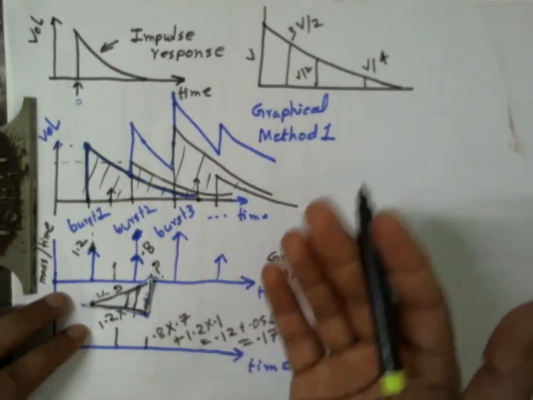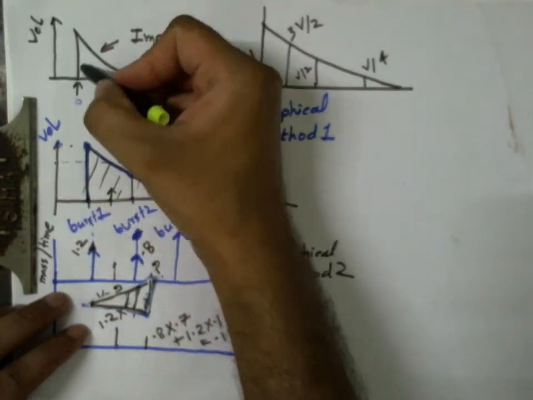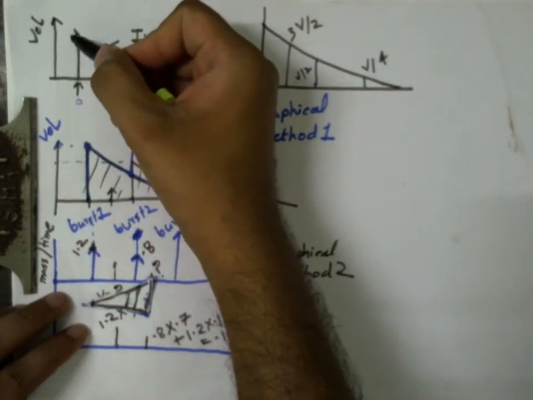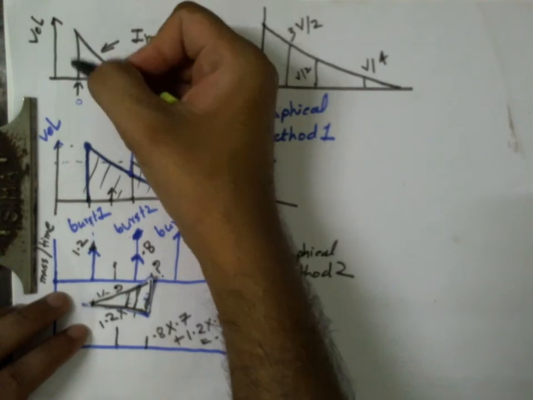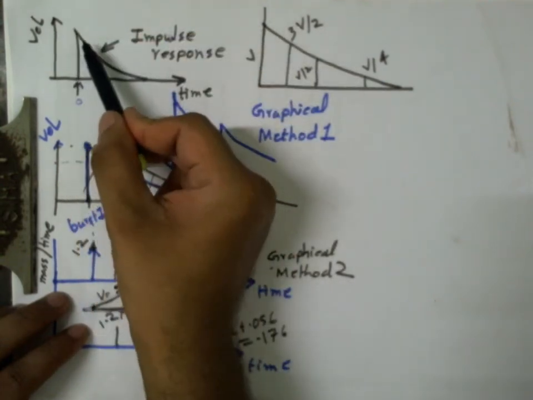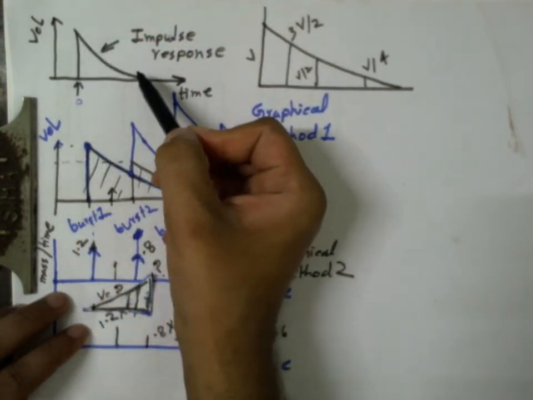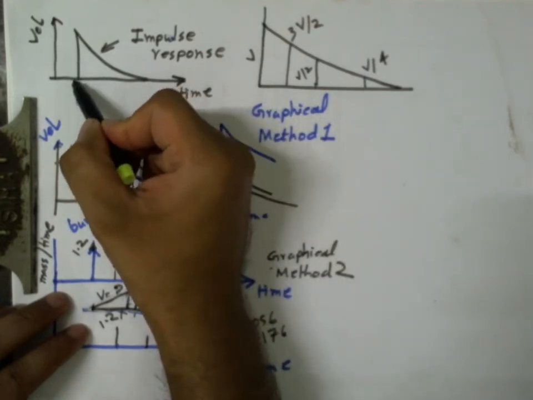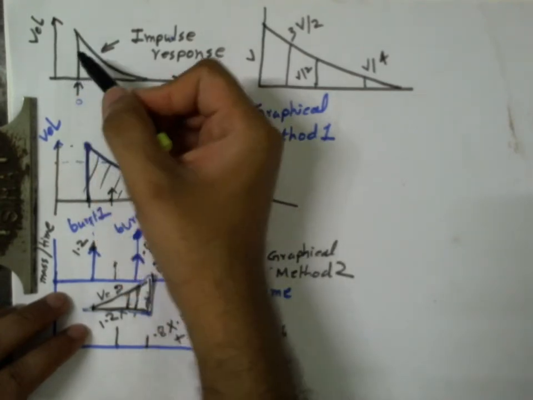The effect must occur after the cause, and here the cause is the ignition of the rocket or the burst of the engine, and the effect is the velocity. So it must occur after the cause.